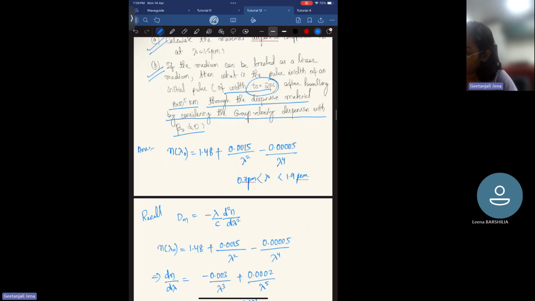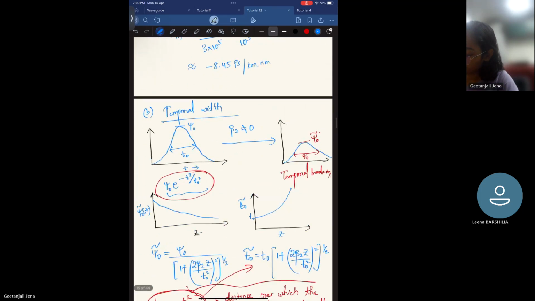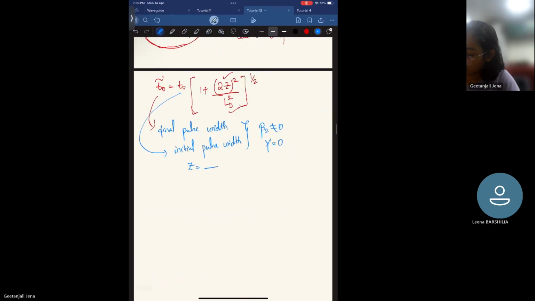Let us see what is given. z is 8 into 10 to the 5. T0 is also given, it is 2 picosecond. But we don't know LD, which is T0 square by mod beta 2.